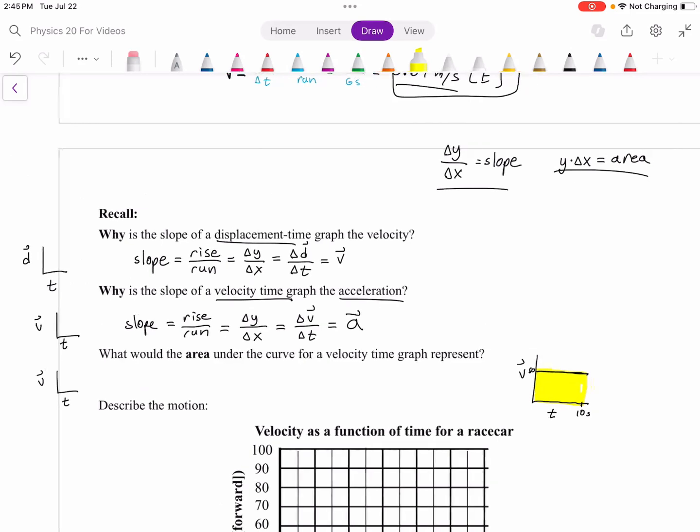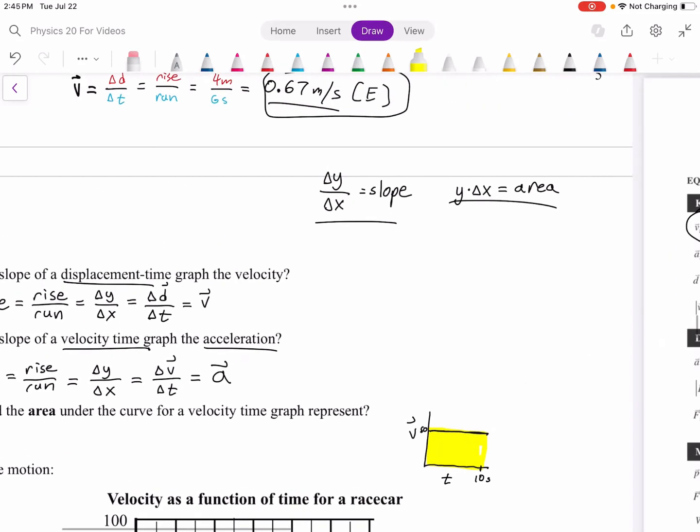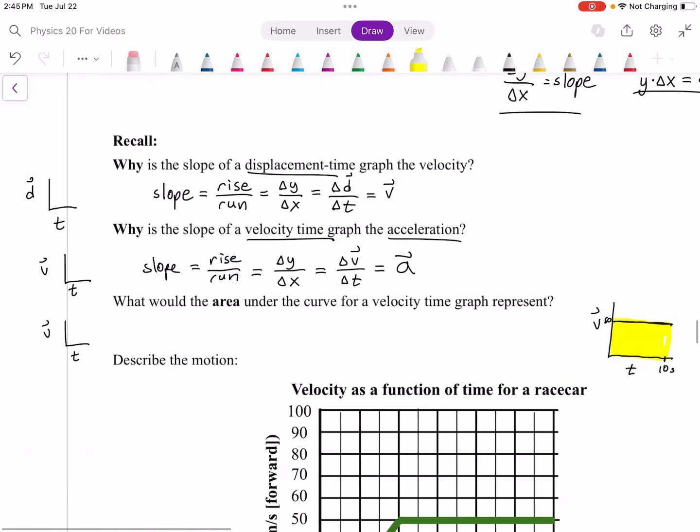So when we're finding the area of a graph, that involves multiplying y by x, right? So on a velocity time graph, that means we're going to have y times x, okay? Or in this case, velocity times time. Okay, and so now we do what we always do, right? We ask ourselves, okay, does this mean anything, right?